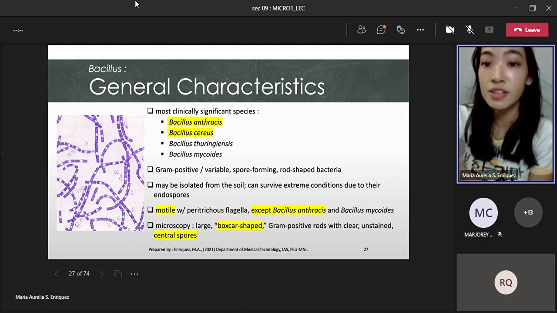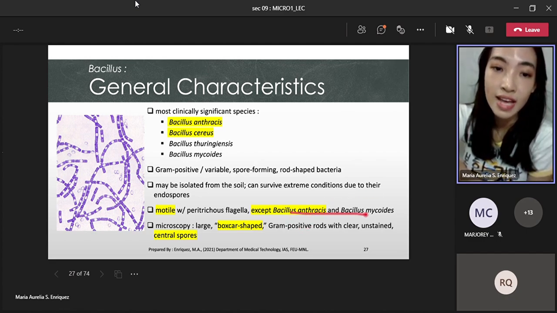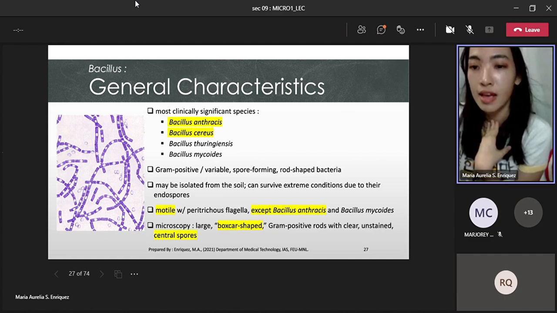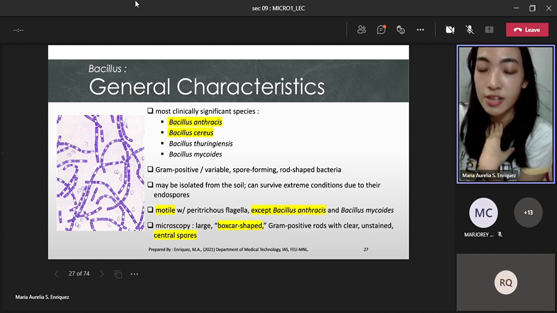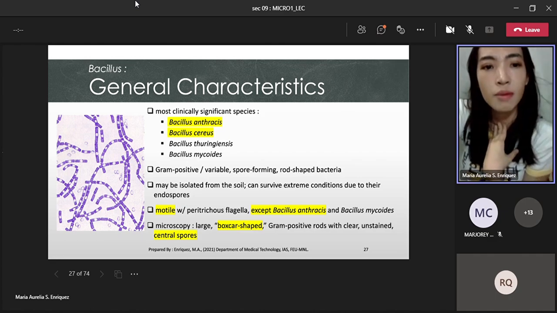Now, all Bacillus species are motile with peritrichous flagella except for Bacillus anthracis and mycoides. Among these two, only Bacillus anthracis is clinically significant. Upon gram staining and microscopic examination, they are large and very rectangular, so we have the description boxcar shape.